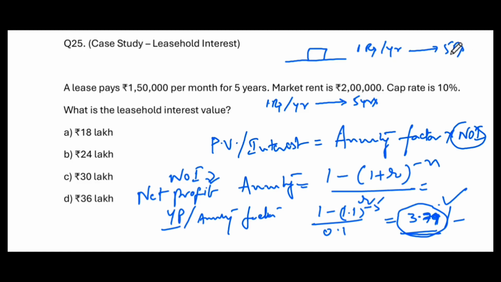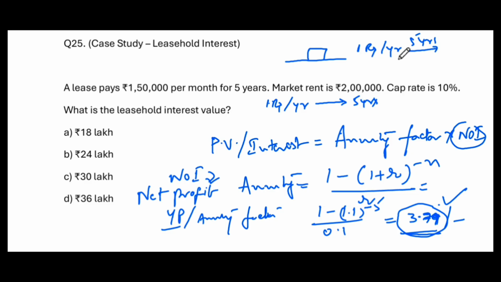So for 5 years it will generate the income. So I have to find the value of the property today.